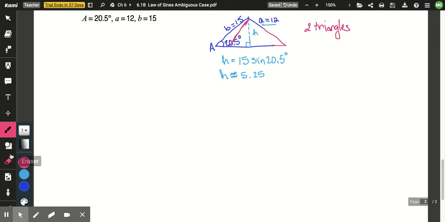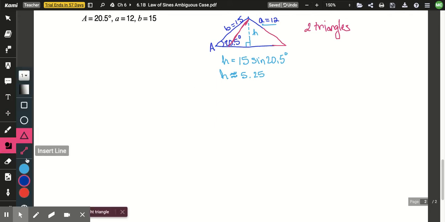Okay, so I'm going to start off with the first triangle. I'm going to use my tools over here to draw a picture of it. For the first triangle, I'm going to draw the one that is... oh, this is saying it's isosceles. I don't want that.